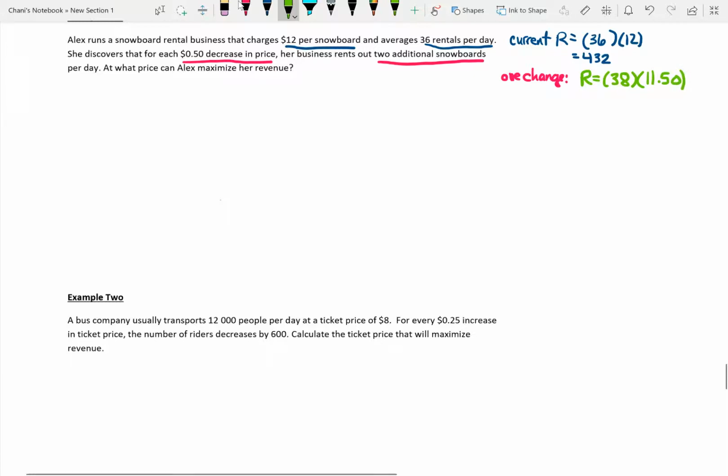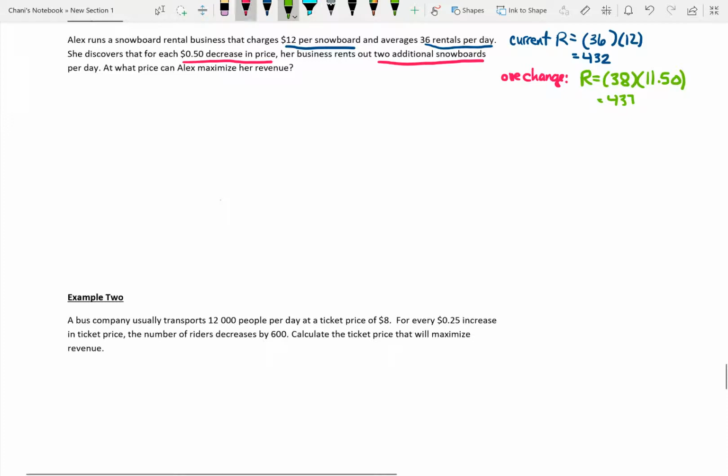Notice that the price is going down, but the number of snowboards is going up. If you do 38 times 11.50, you get 437. Notice that that is a better revenue than her current situation.